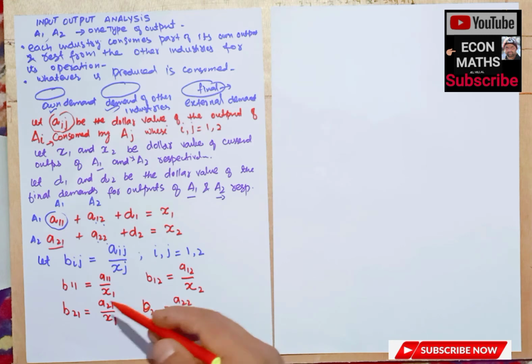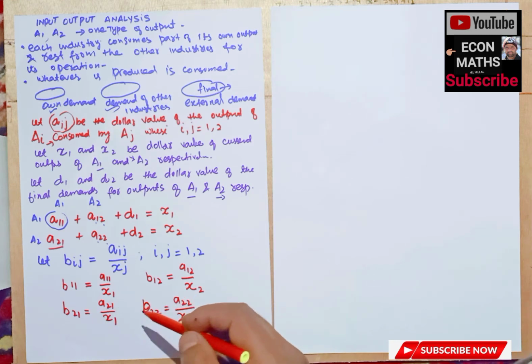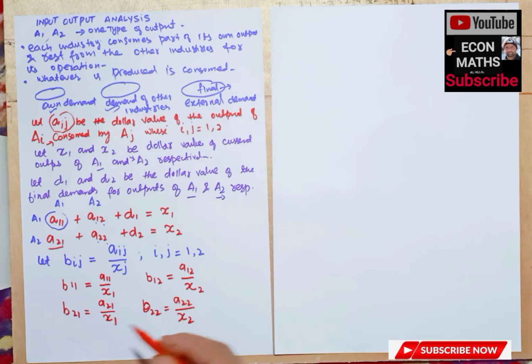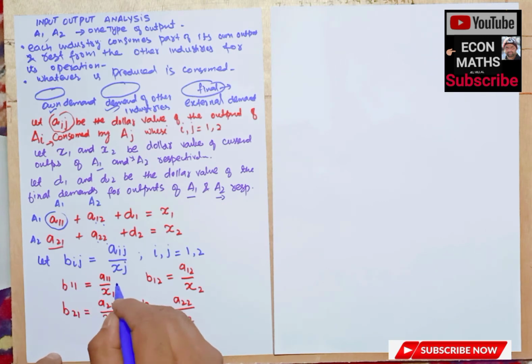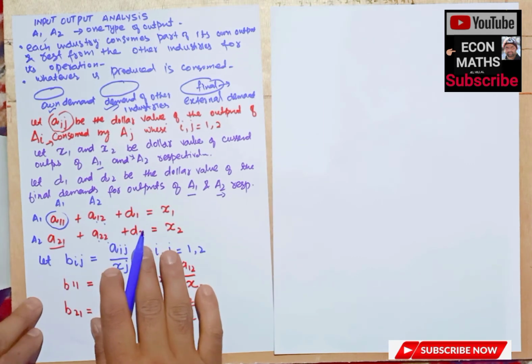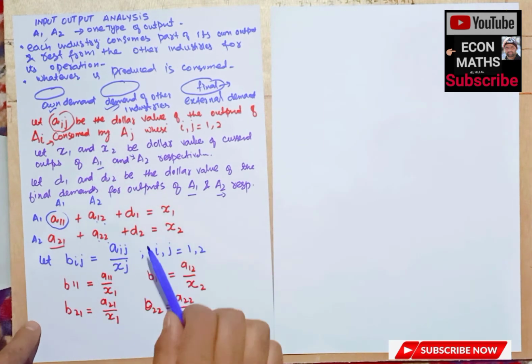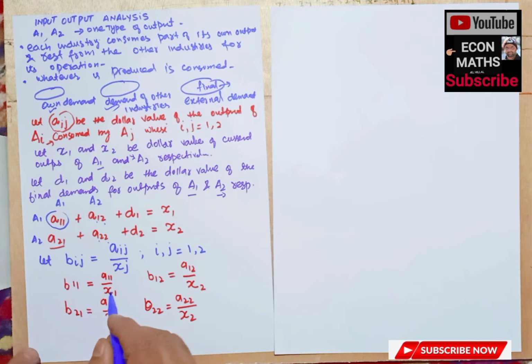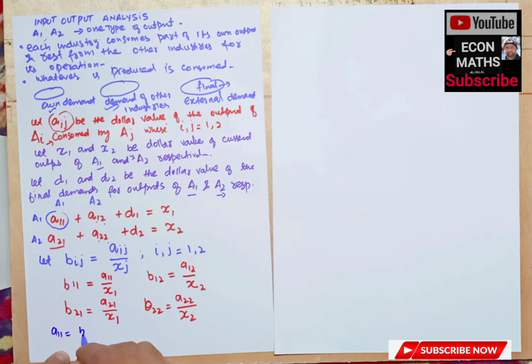Now these equations can be manipulated. In place of A11, I can write A11 is equal to B11 times X1.